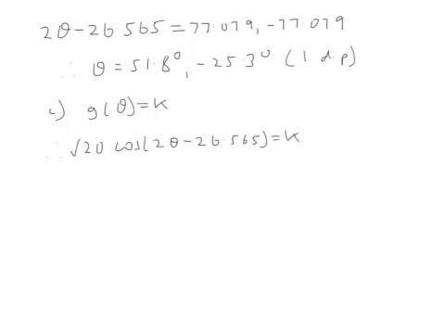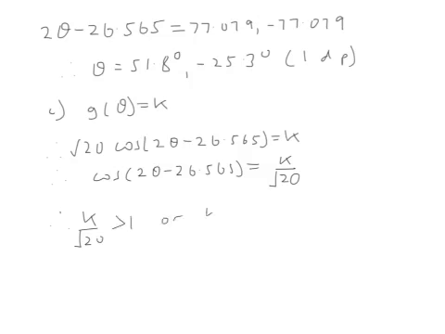Now in part C we're told that this equation has no solutions. That's going to have no solutions when k over root 20 is greater than 1 or k over root 20 is smaller than minus 1.